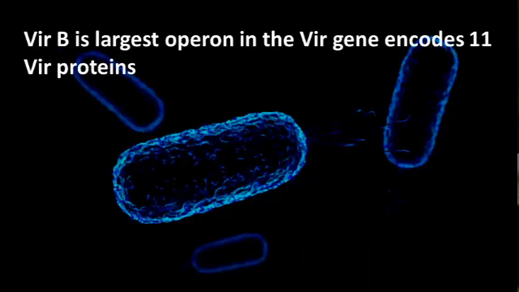VirB is the largest operon in the Vir region, encoding 11 VirB proteins involved in the transfer process of T-DNA and bacterial proteins into host plant cells.